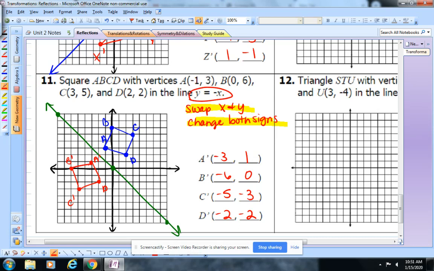And when you finish it, if I fold it along that diagonal line, A and A prime match up, B and B prime match up, and then all of them, okay? That's one way you can check it. So if it doesn't look like that after you graph it, then maybe you made a mistake somewhere, or maybe you just misgraphed it. All right, any questions on any of the reflections that we've seen today? All right, that is the end of today's lesson.